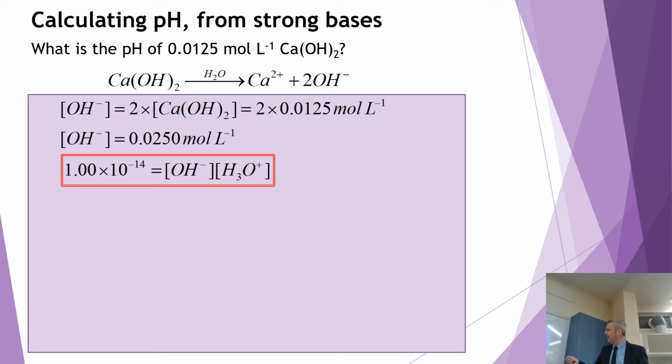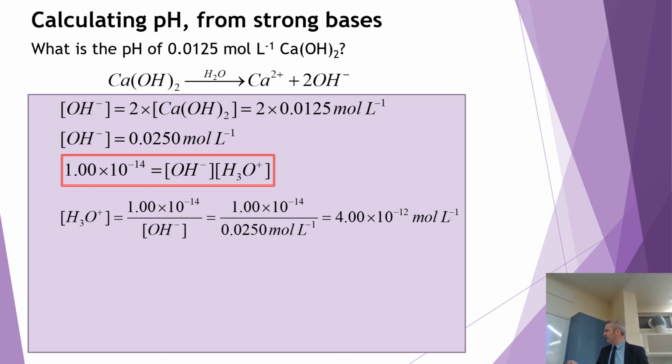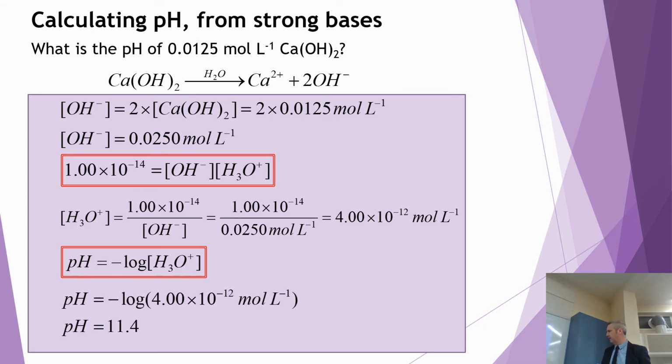You could right here, right now, find the pOH. If you find the pOH, you can just take that number away from 14 to find the pH. Or you can put the number into this equation here and know that H3O plus equals 1 times 10 to the negative 14 divided by this concentration, and we get a concentration for H3O plus.